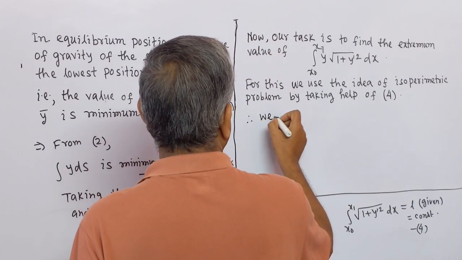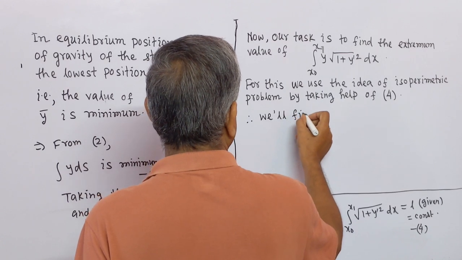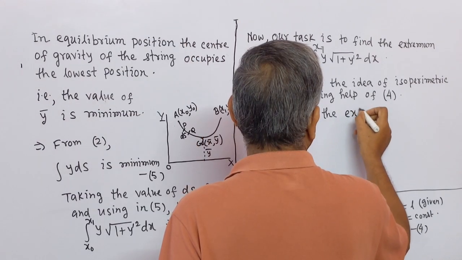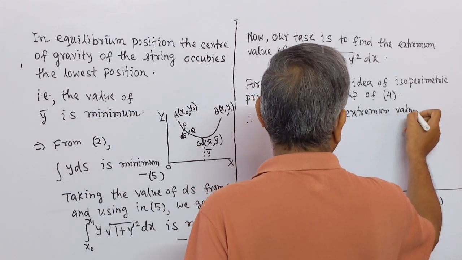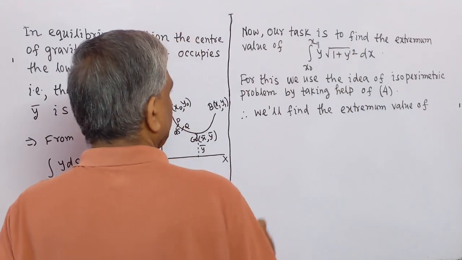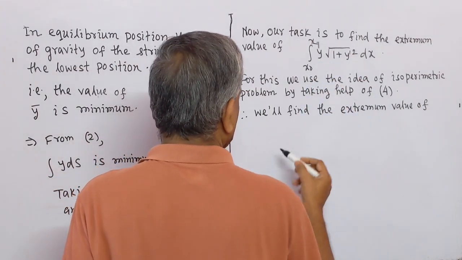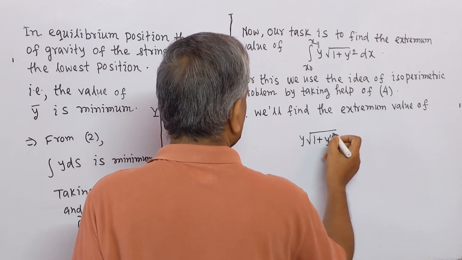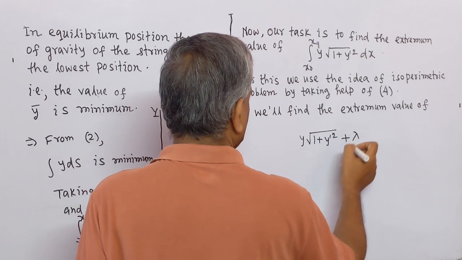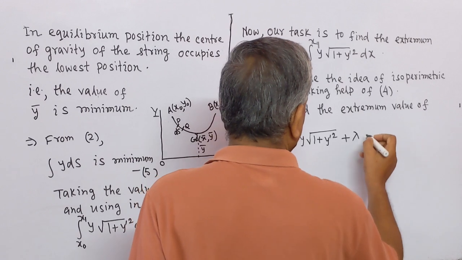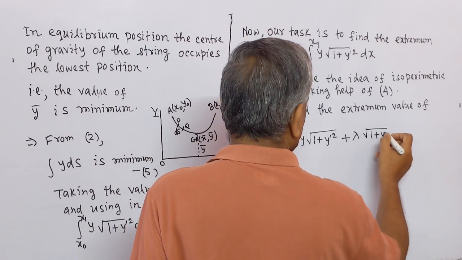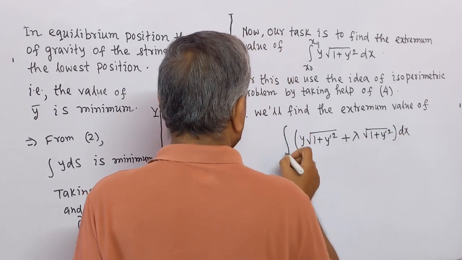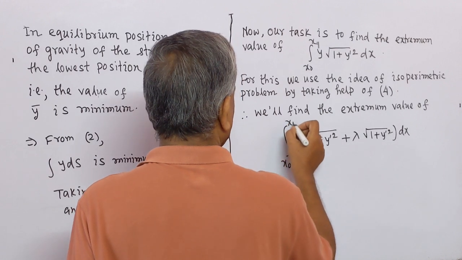Therefore, we will find the extremum value of, firstly we take this function, y square root 1 plus y prime square plus lambda integrand part of 4 square root 1 plus y prime square dx, integration limit x naught to x1.